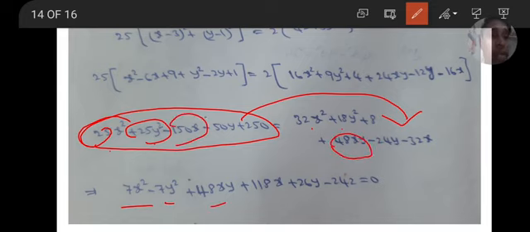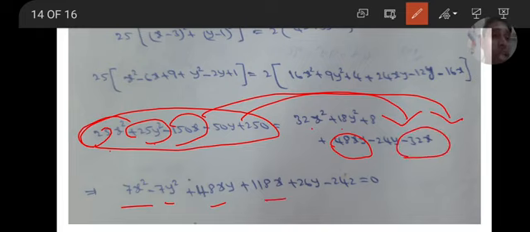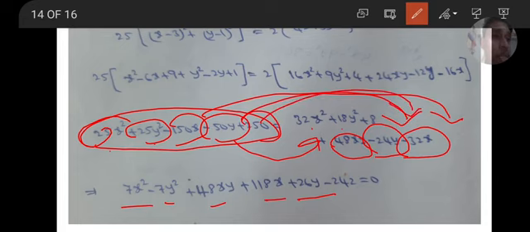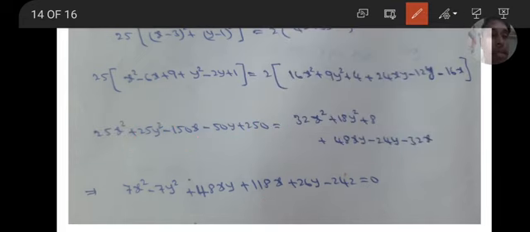If 150x goes to this side, it becomes plus 150x minus 32x means plus 118x, minus 50y comes to this side, plus 50y minus 24y means plus 26y, and 250 will come to this side, minus 250 plus 8, so minus 242 equal to 0. It is the equation of the rectangular hyperbola.